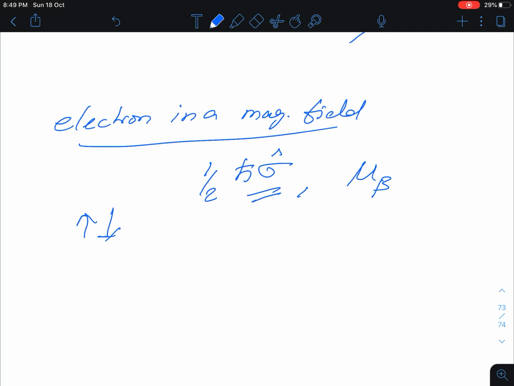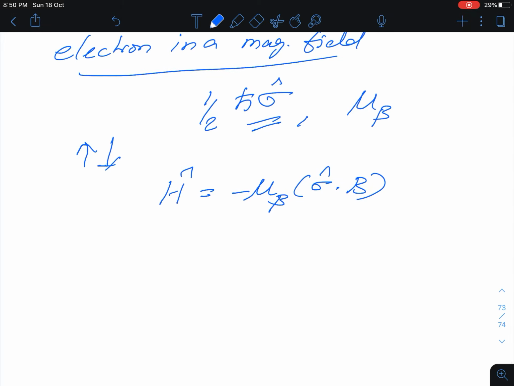If we take the applied magnetic field in the z direction, in that case the Hamiltonian operator is simply minus mu B sigma dot B. Sigma dot B is the z component, sigma z.